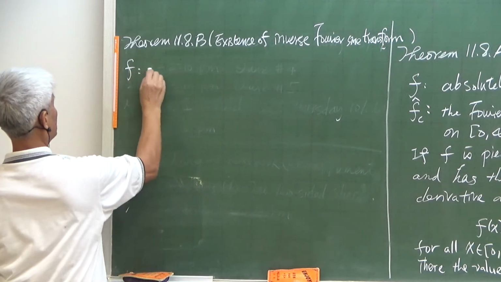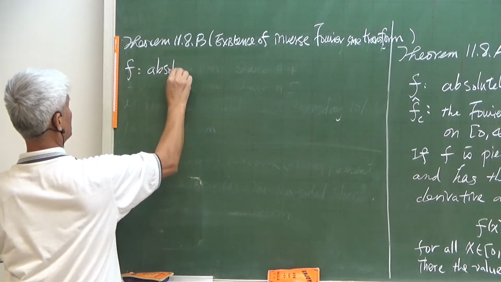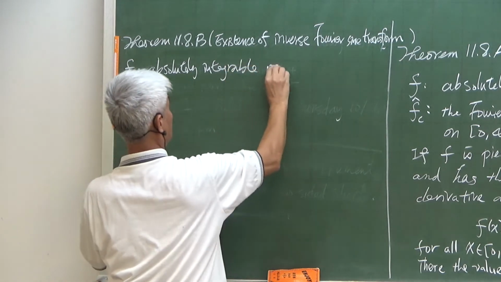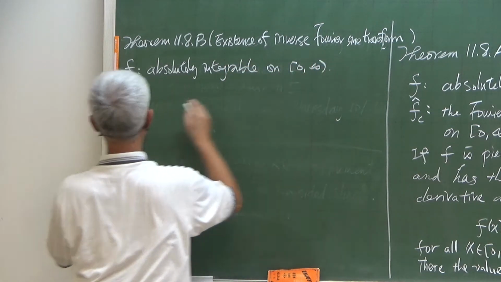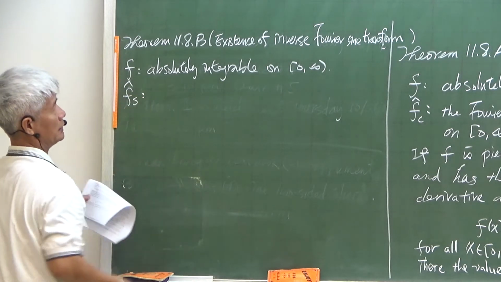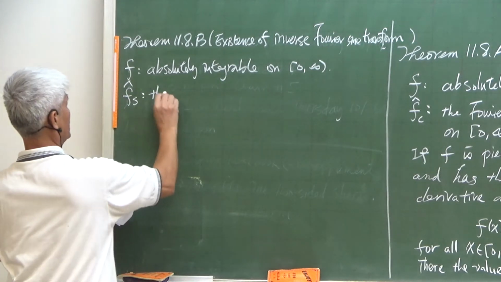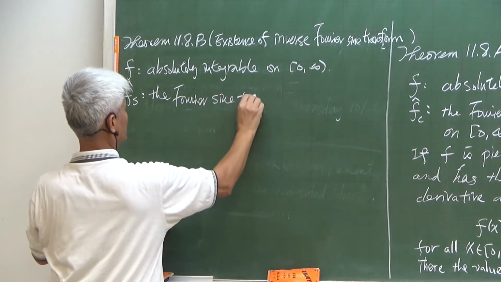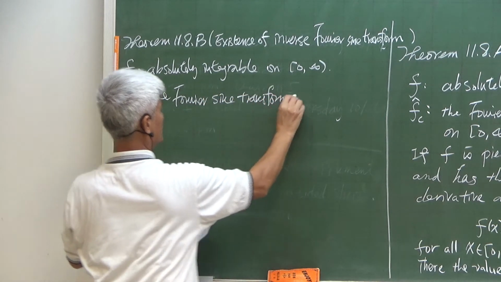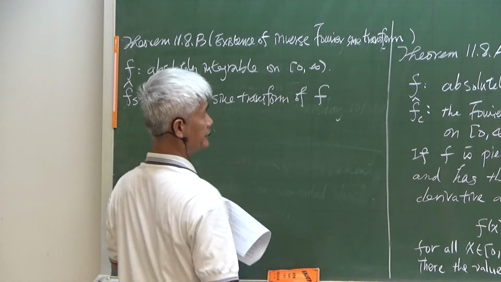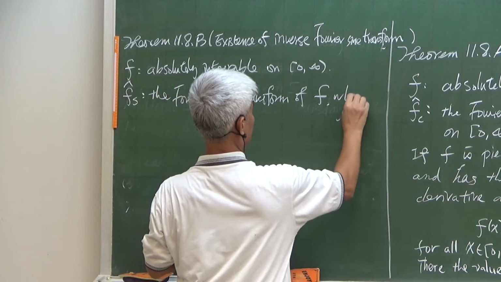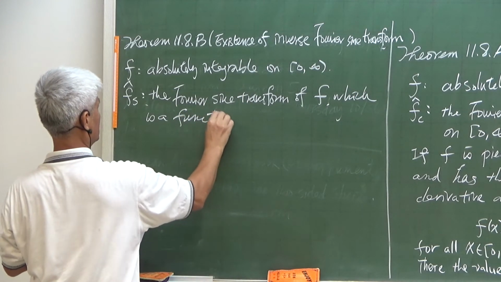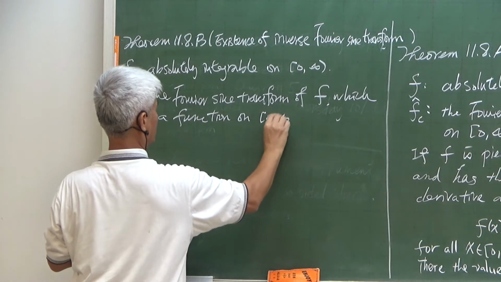So again, f is absolutely integrable from 0 to infinity, and this is the Fourier sine transform of f, which is again a function on the semi-infinite interval.